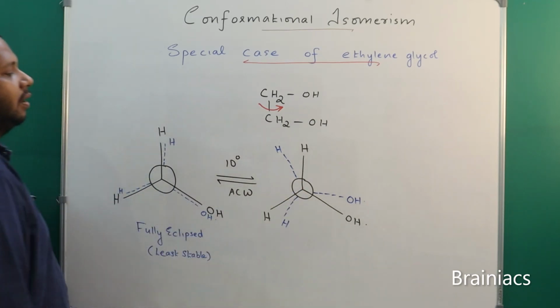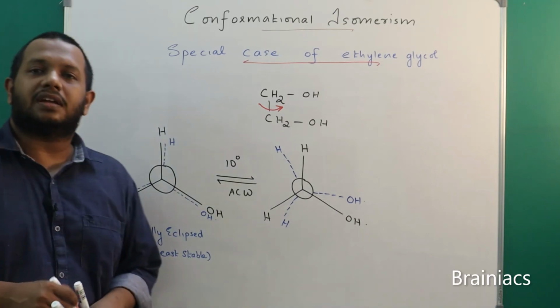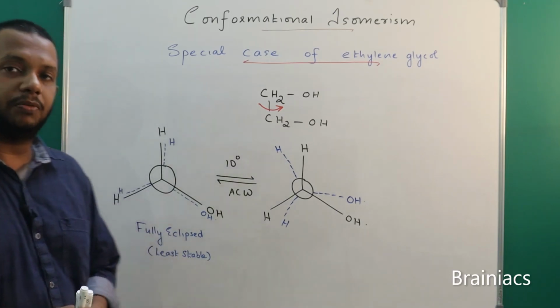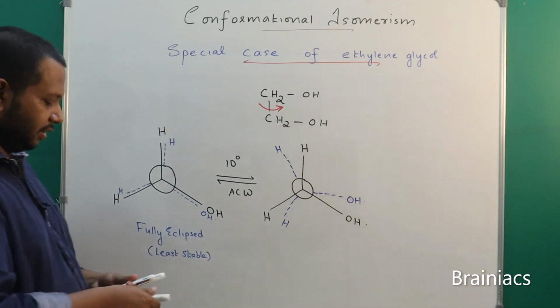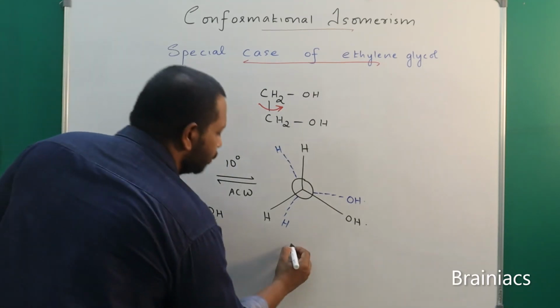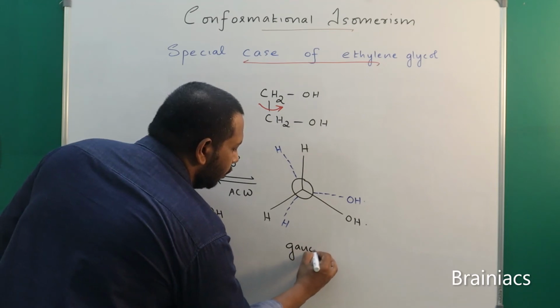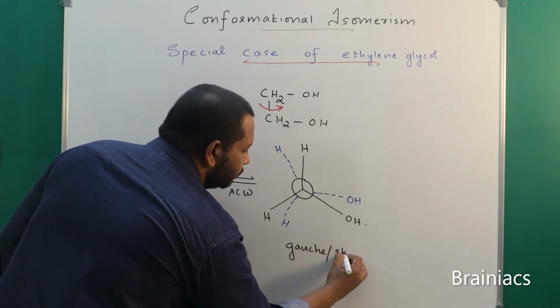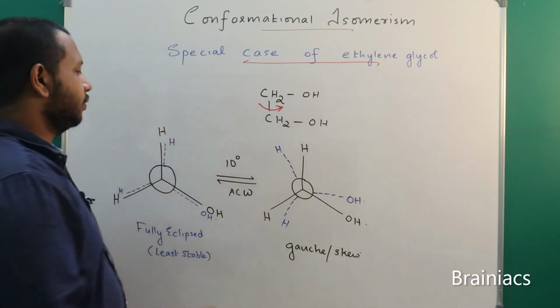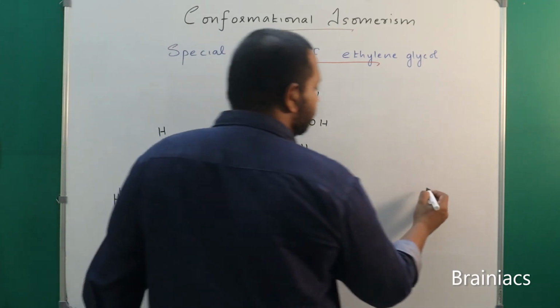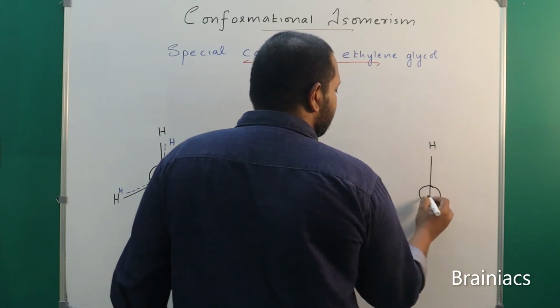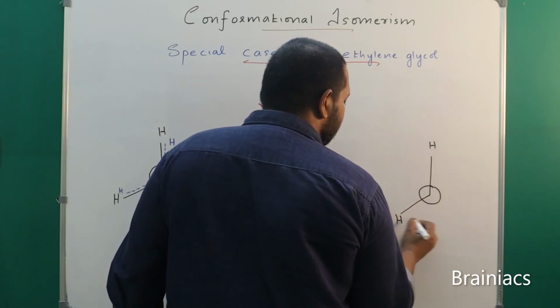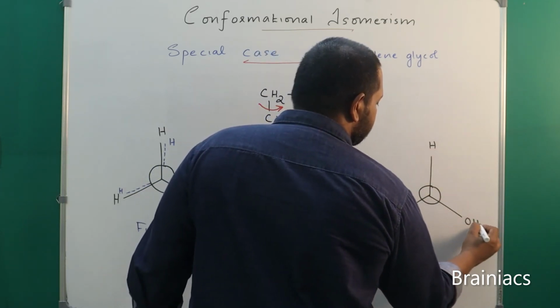Correct. Now the most important thing here is, in the case of ethylene glycol, the most stable form is not the staggered. We know how this is a gauche form. I can write this is a gauche or skew form. Now let me draw the staggered also. How does the staggered look? The staggered means you will have hydrogen here, here also hydrogen, and here you have OH.